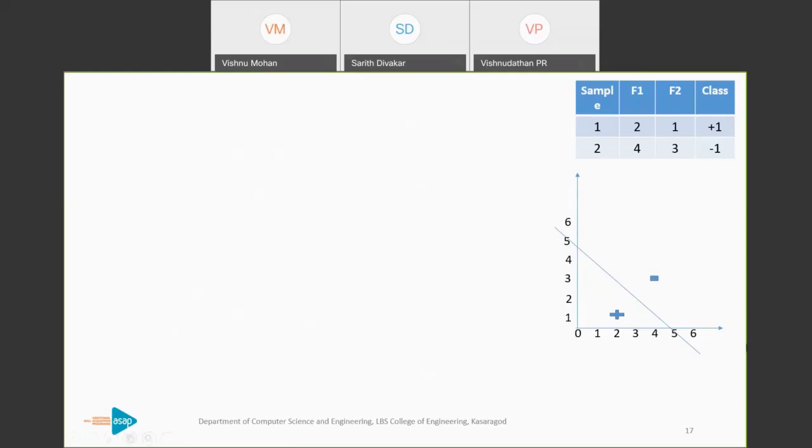So the classifier function is f of x is equal to w dot x minus b. We already have the vector w and we also have the vector x. For the time being, we use this x as x1, x2, because it is your model now.